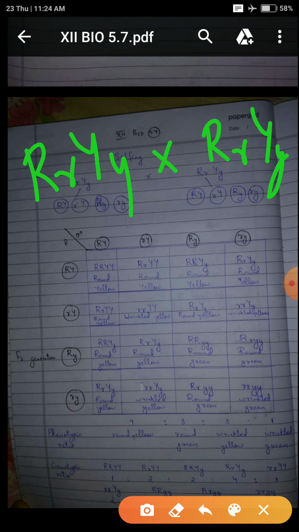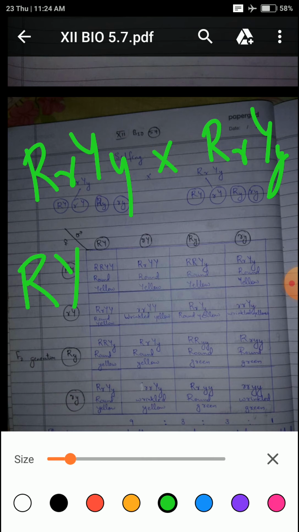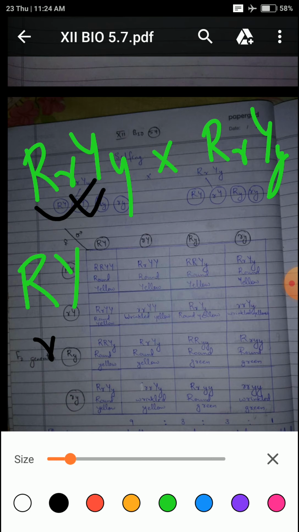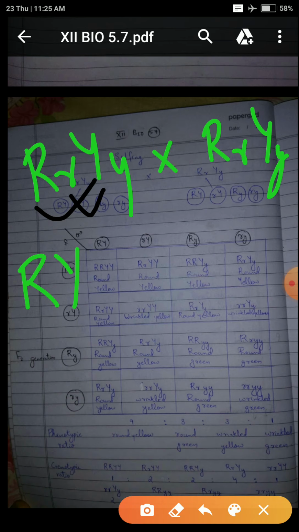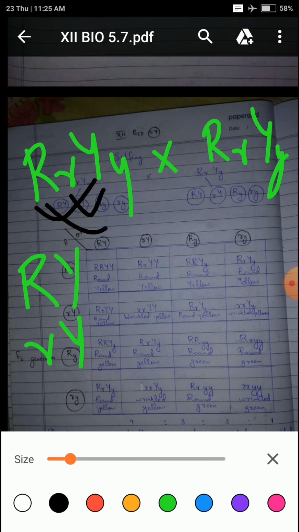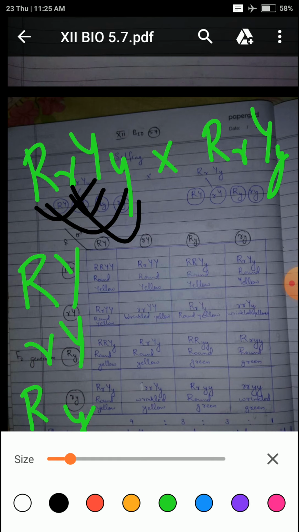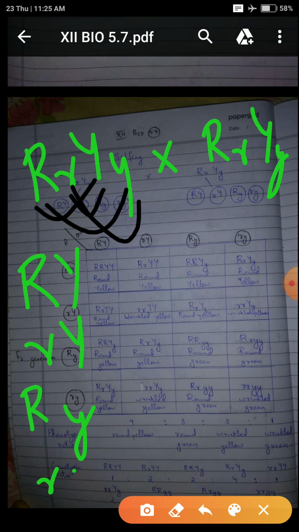From them, according to segregation, we will obtain different gametes: capital R capital Y, small r capital Y, capital R small y, and small r small y.